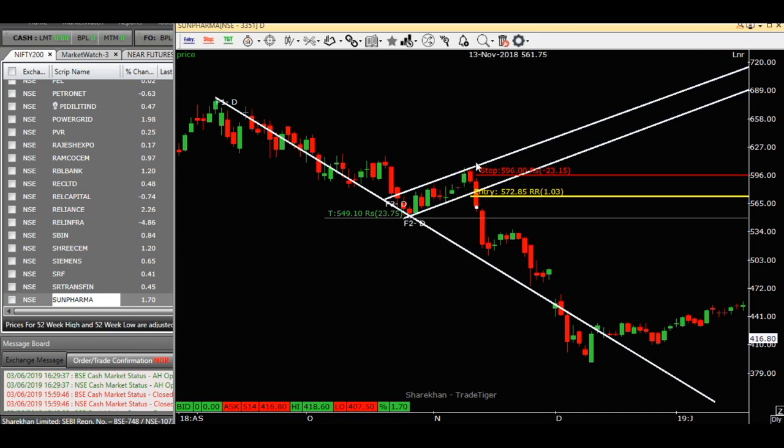We can calculate that distance and add it to the entry, which can become my target, or you simply keep it as the low of the pullback, where the pullback starts from. Essentially, if you go to C, this entire area is the pole and this portion is the flag. So your target can be the bottom of this pole.